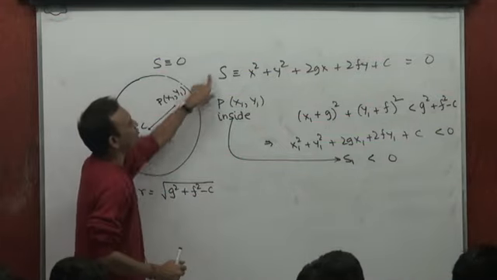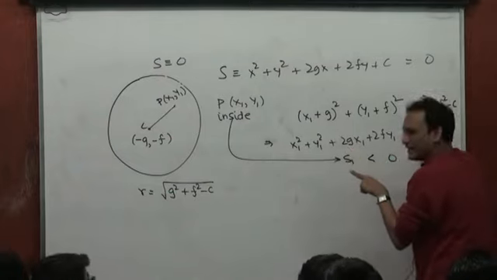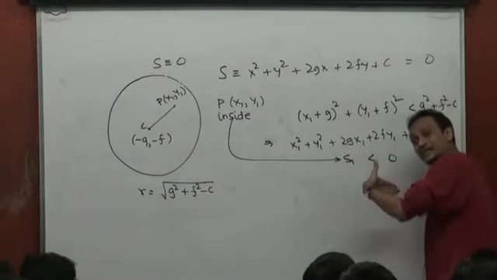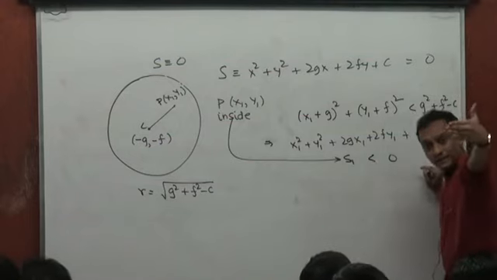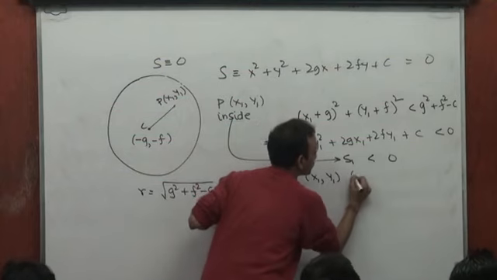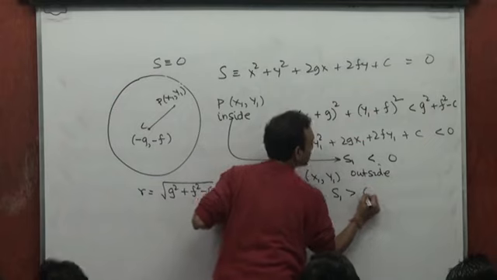Similarly, if x1, y1 was outside the circle, then the distance would have been greater than the radius, and S1 would have been greater than 0. Yes or no? You know what I'm saying? So if x1, y1 was outside the circle, then S1 would be greater than 0.